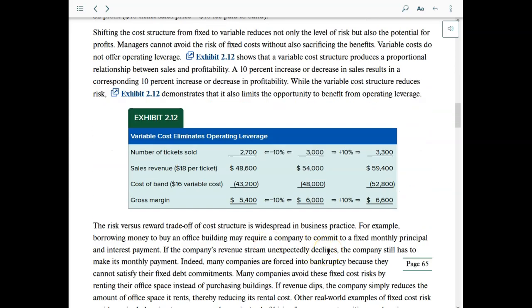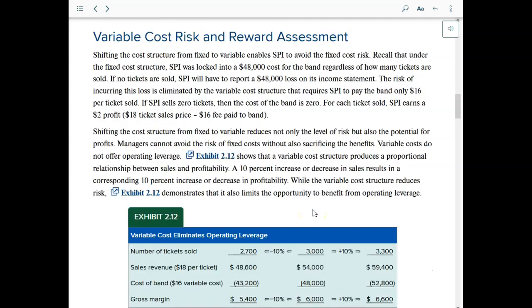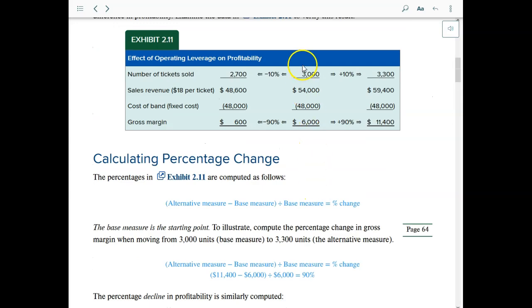Let's go to the strictly variable cost situation. So we're going to pay the band $16 per ticket sold. At the 3,000 unit level, 3,000 times 16, $48,000. Revenue, 54, $6,000. Same thing we were right here, 6,000. See?